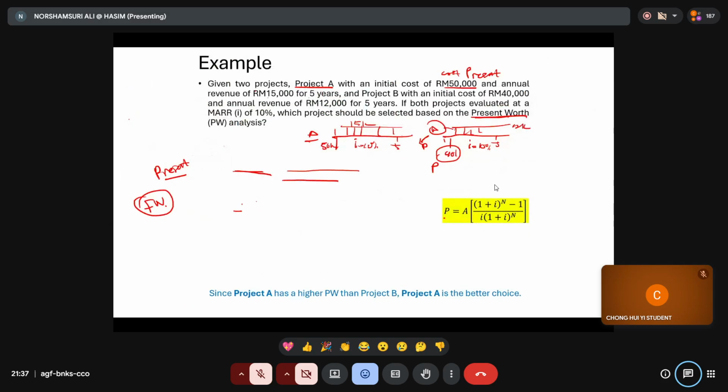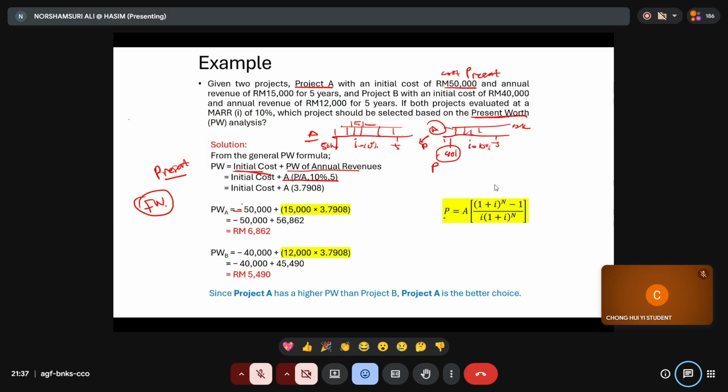The annual value that we have is 15,000. We want to convert 15,000 into the present value, with 10% and 5 years. After the calculation, you get 50,600 minus the 50,000 cost. You get the extra 6,862 value.